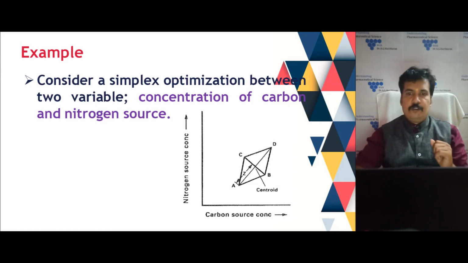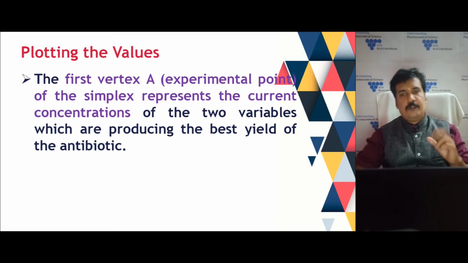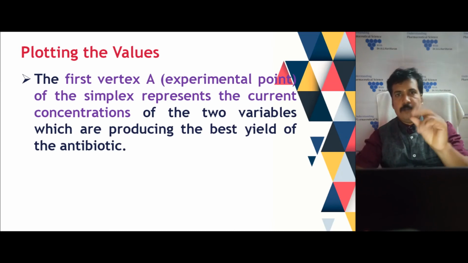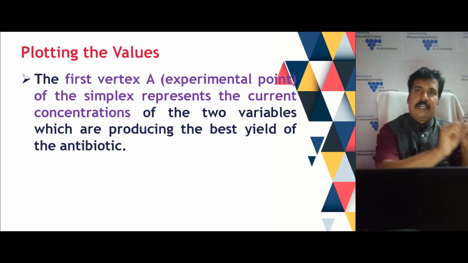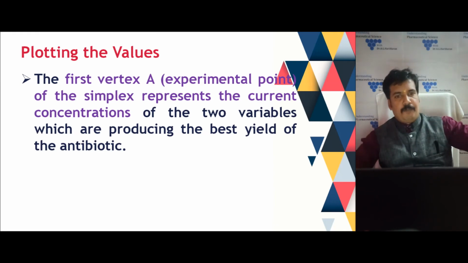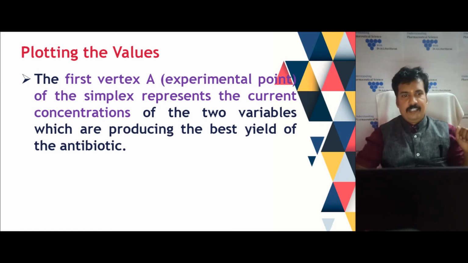How I am performing this is that first I am taking two concentrations at point A and point B. At point A we have a particular nitrogen and carbon source concentration, and at point B we have a particular nitrogen and carbon source concentration. Then we make a line, which is called the first vertex. At point A I will perform an experiment and calculate the product yield.